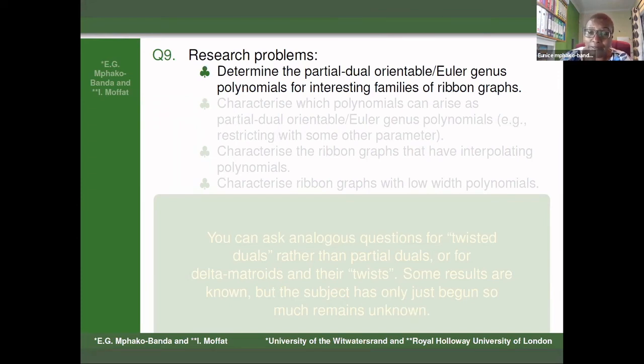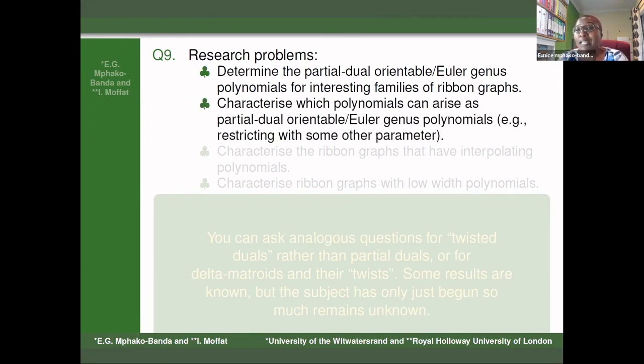And a second question which one can consider: can you characterize which polynomials can arise as partial dual orientable or Euler genus polynomials? Well, just restricting with some other parameters.